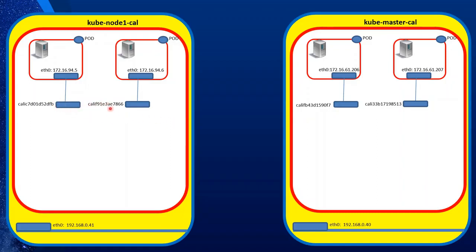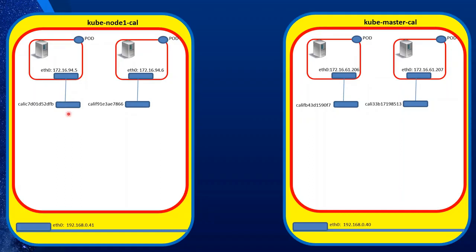So as you can see, all of these 4 pods have interfaces and IP addresses, and each veth has its counterpart on the server.